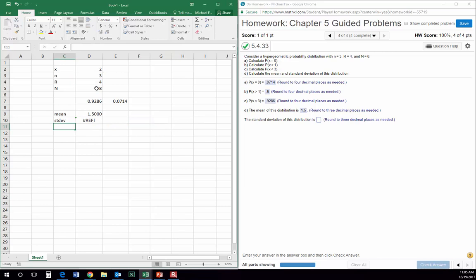Let's see if that's right. Uh-oh, I did something wrong. So that's the challenge when we're doing these big formulas. It's easy to mess something up in Excel. So let's see, I have to check it again.